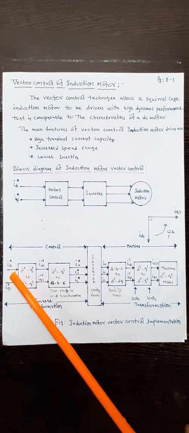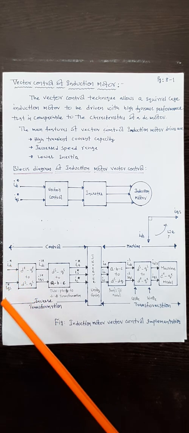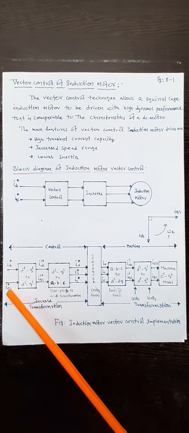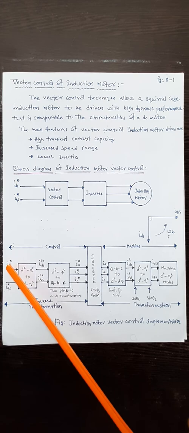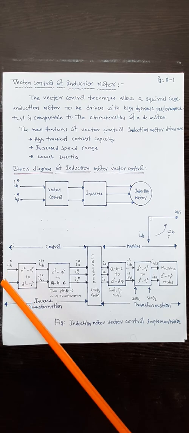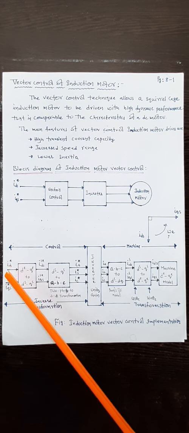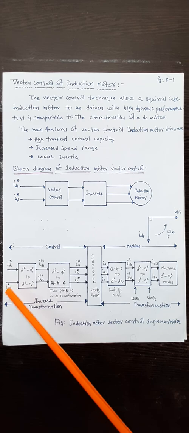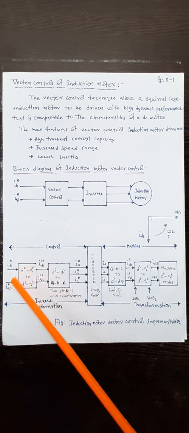Let us see here IDS star, the stator direct axis current, and IQS star, the stator quadrature axis current. These two reference signals are coming from the microprocessors, microcontrollers or DSP controllers, and these signals are to be converted.